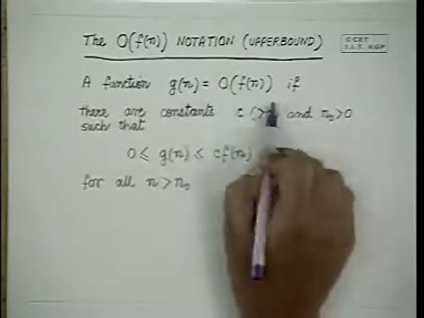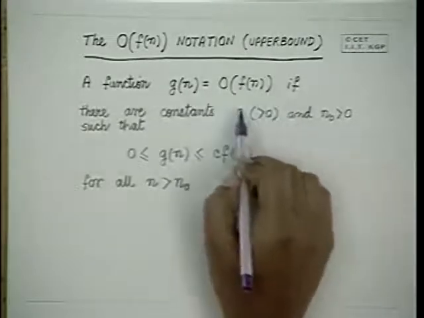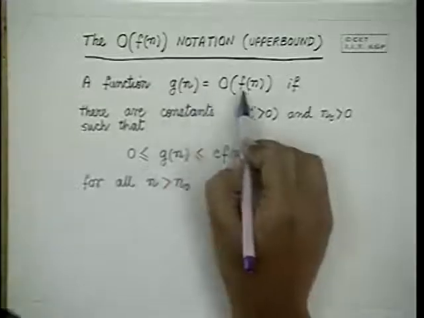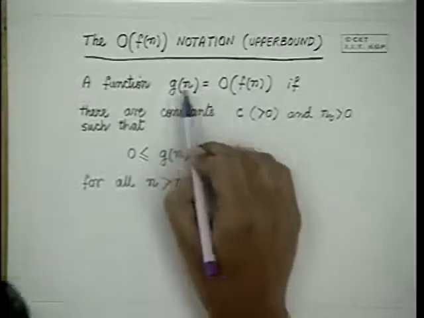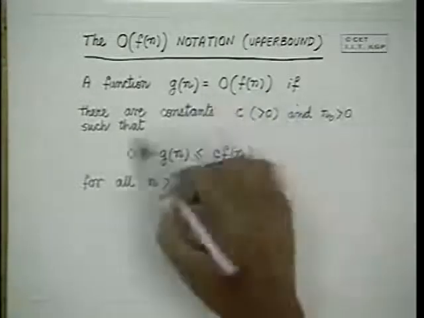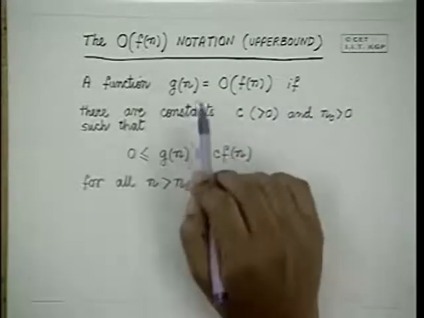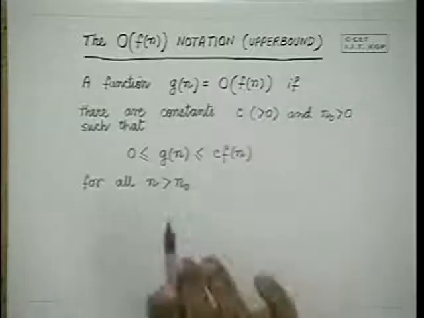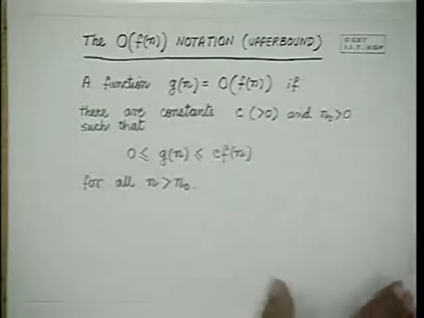This is an equation. So you write this side or that side, it does not matter. It is some notation. You can use it this way or that way. The notation is this: G(n) is upper bounded by F(n). This is the notation.